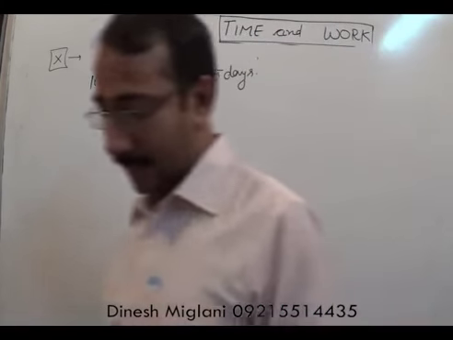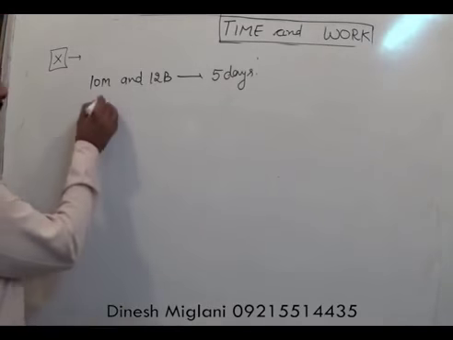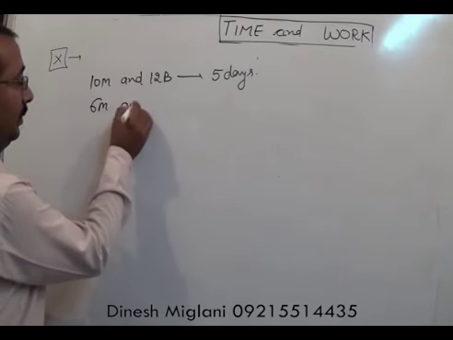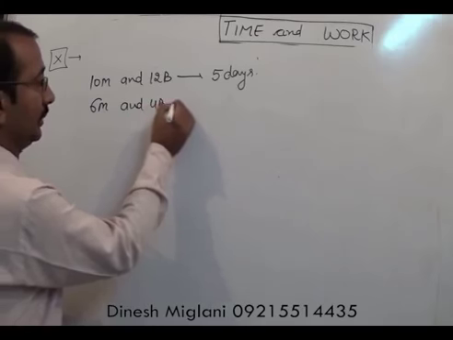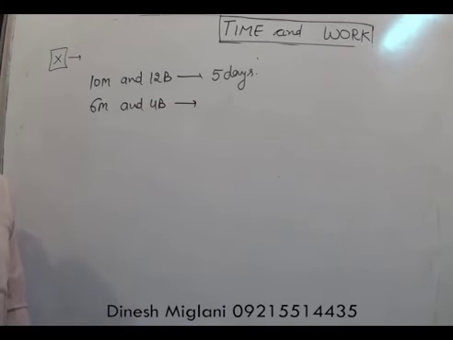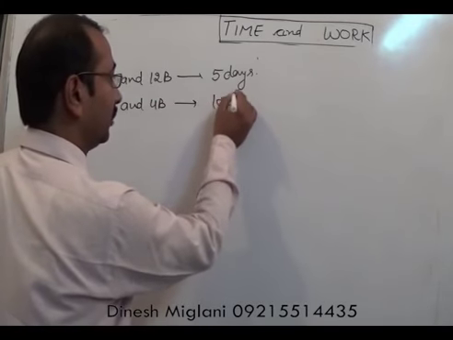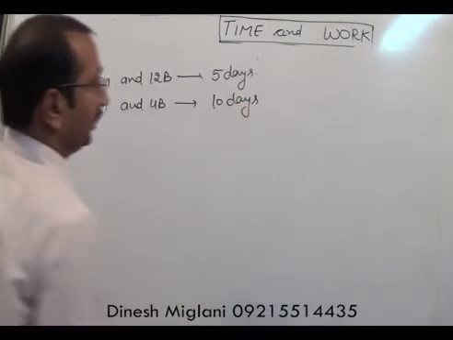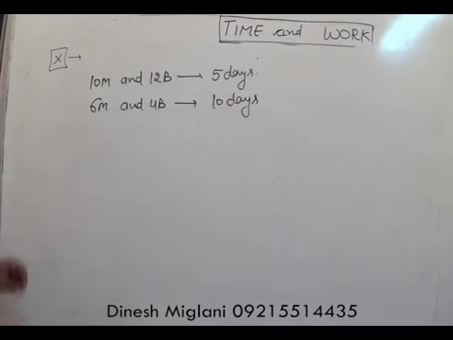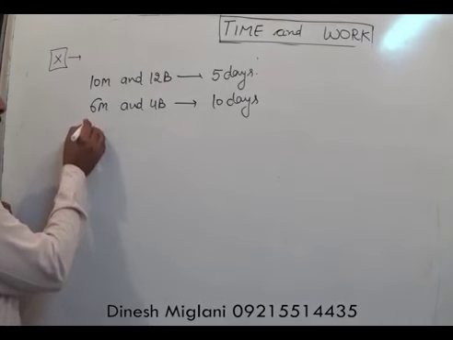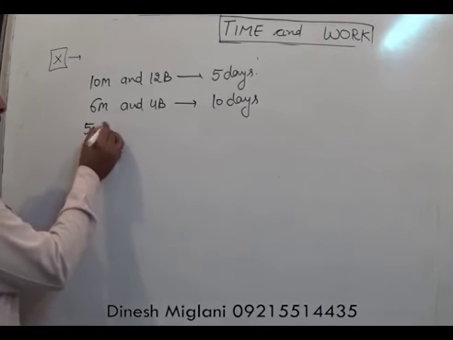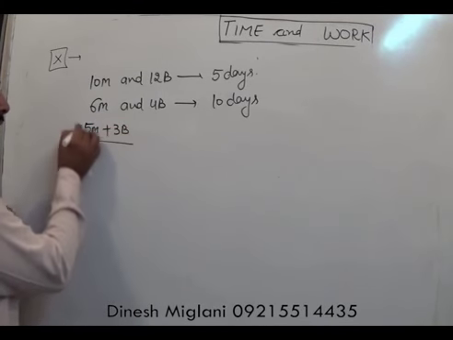Similarly, 6 men and 4 boys, if they work together, take 10 days to do a work. In the answer, we have to find out how much time will be taken by 5 men and 3 boys if they work together.